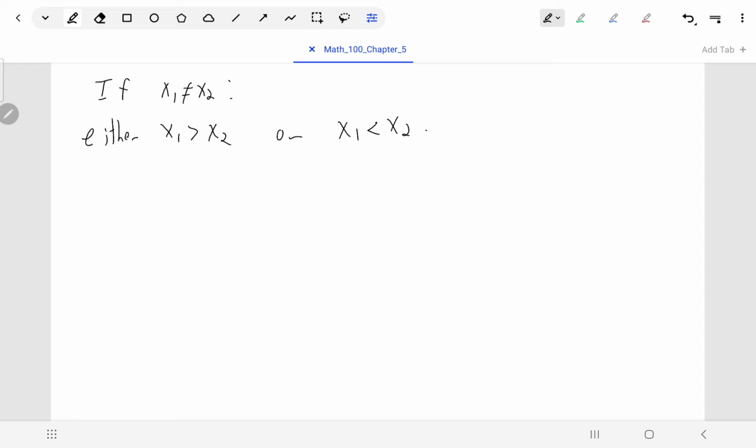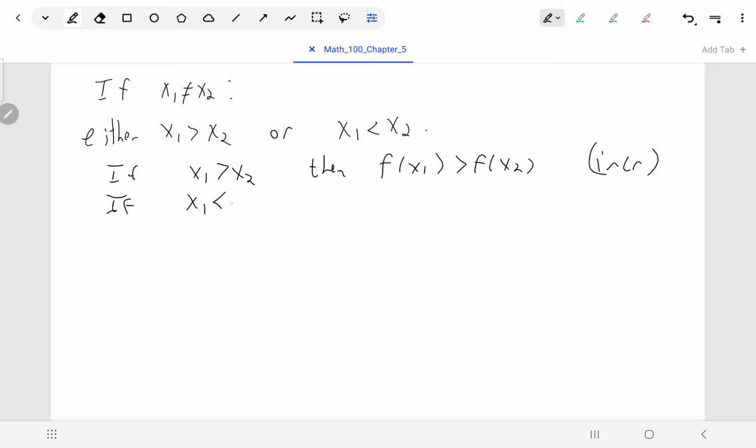That's basically the only two options because the two numbers aren't equal. And then because it's an increasing function, if x1 is bigger than x2, then f of x1 must be bigger than f of x2, and that's because we're increasing. And similarly, if x1 was less than x2, then f of x1 would also be less than f of x2. Again, that's because our function is increasing.